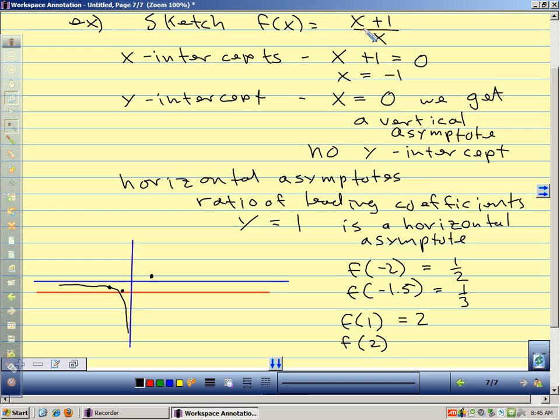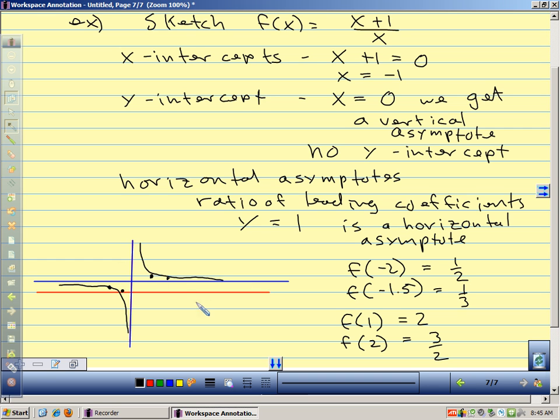If I put in 2, I get 3 halves. So my function's getting smaller as I go out this way. So my function on this side is going to look like so. If we weren't sure, I could plug in x equals 1/2, and I should get something that's bigger than 2, if you're not sure of the shape.